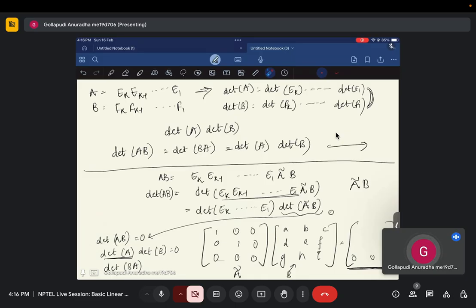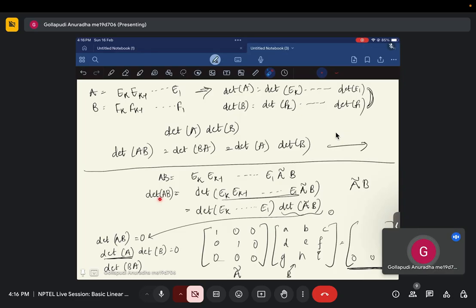Suppose I say one of these matrices is a singular matrix. Then for AB, I apply some elementary row operations to get the reduced row echelon form, and then multiply by B, giving the AB matrix.